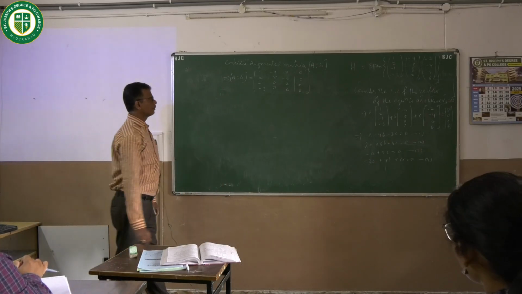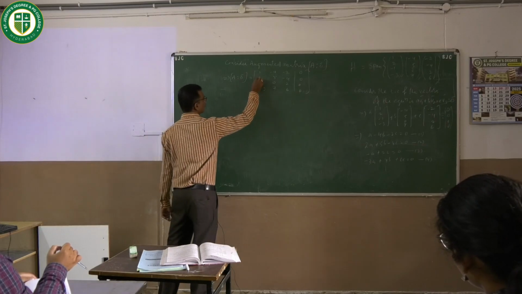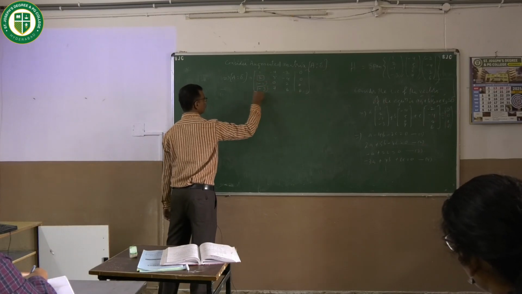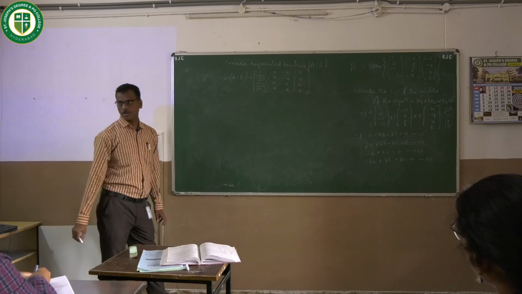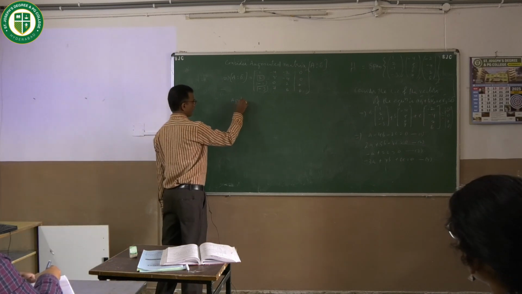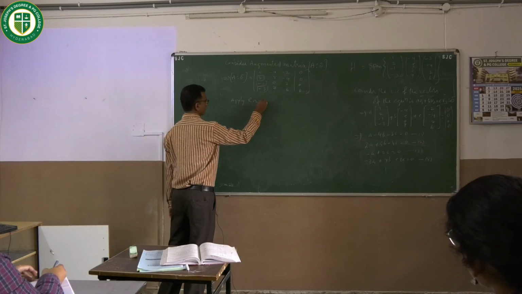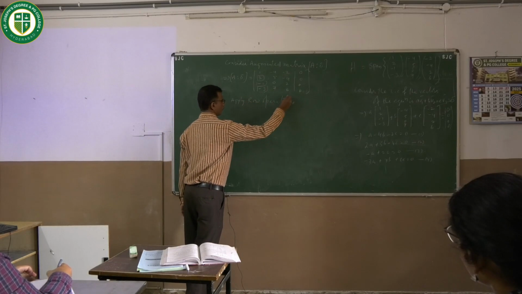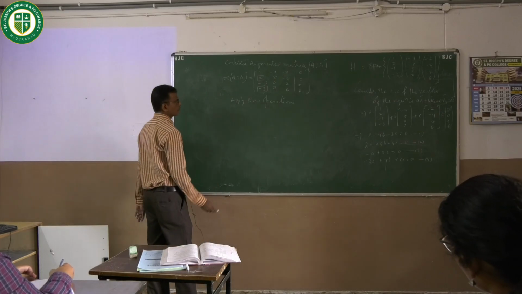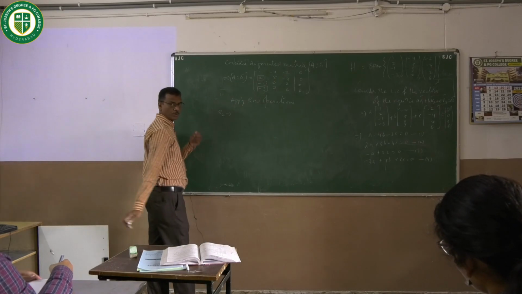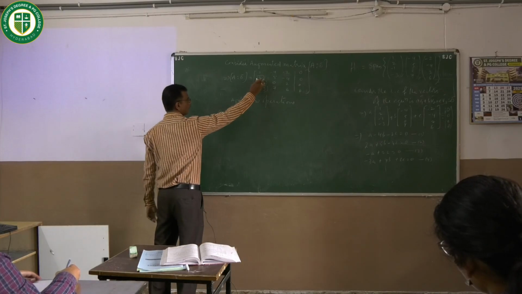Once you get the augmented matrix, now you want the reduced matrix. Apply the row operations. So apply the row operations here. R2 first, in the position of 2 you want 0, it becomes a 0.